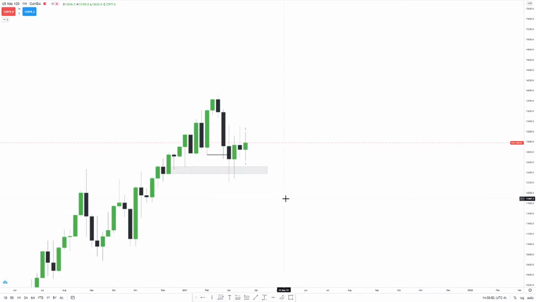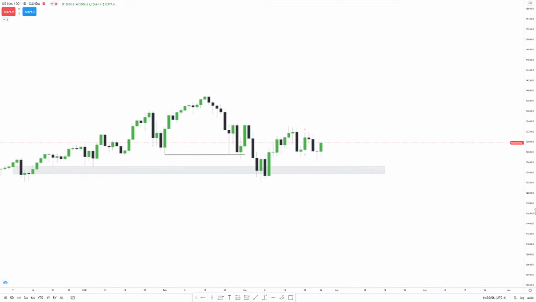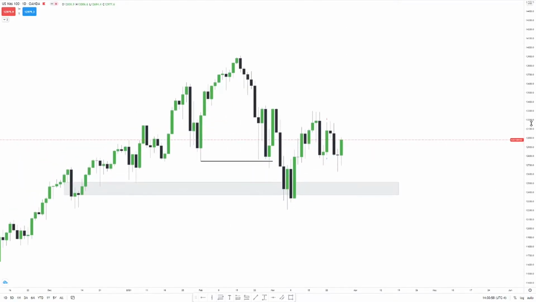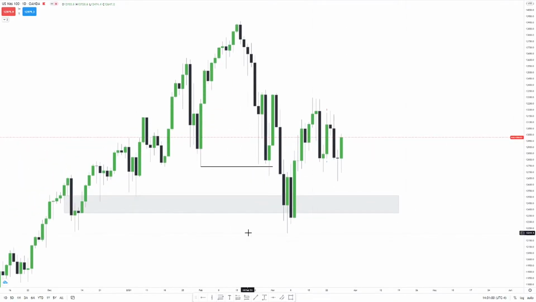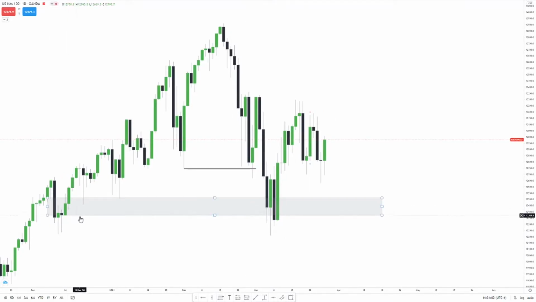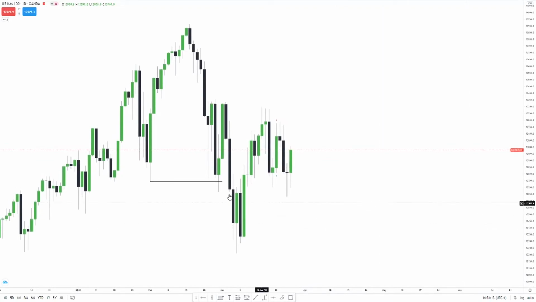Let's head down to the daily time frame. This is just the weekly order block that I had here. Let's just remove this and define our lines.